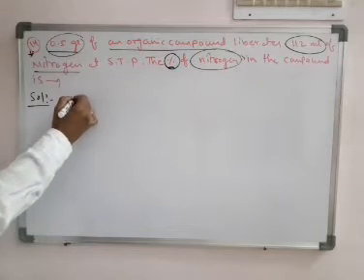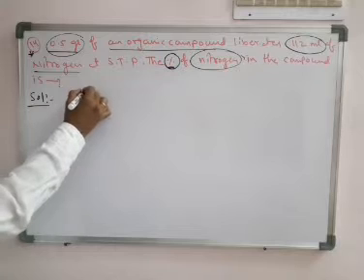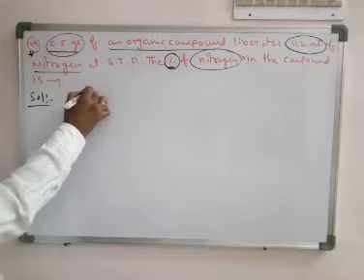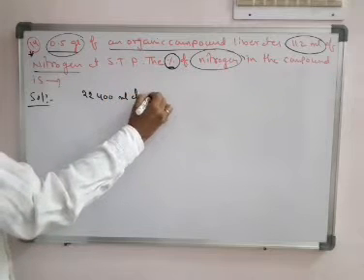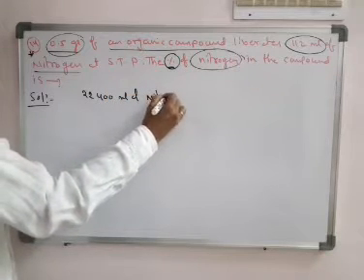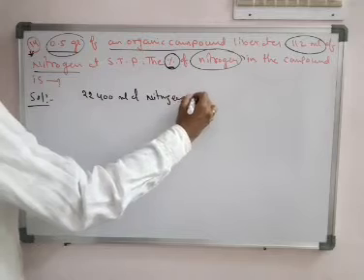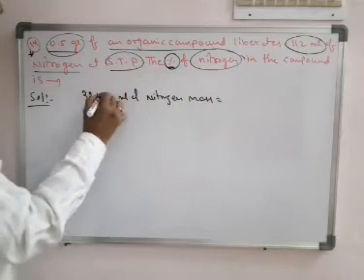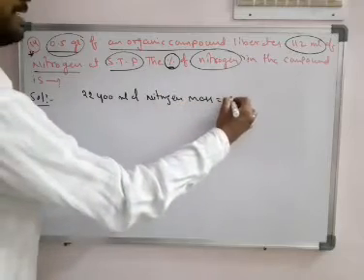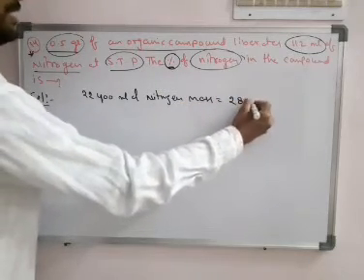We know that at STP, 22,400 milliliters of nitrogen has a mass equal to its molecular weight, 28 grams.